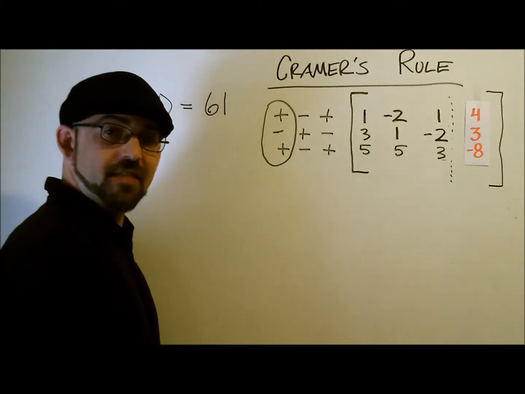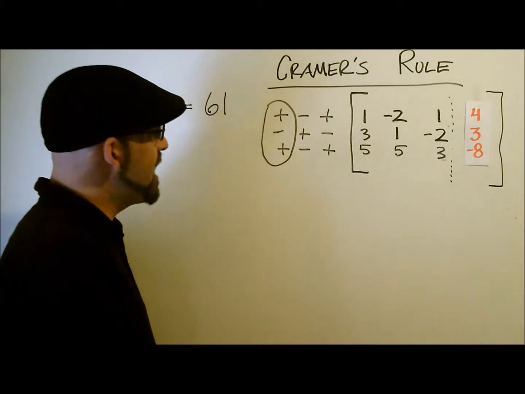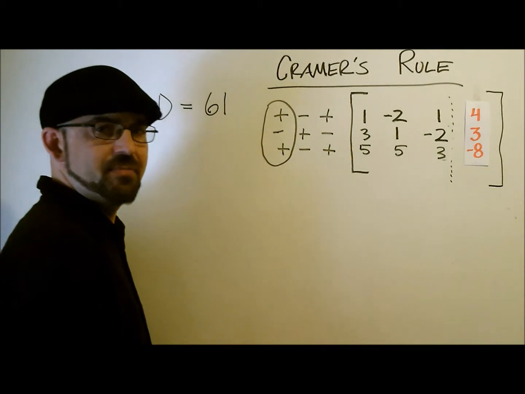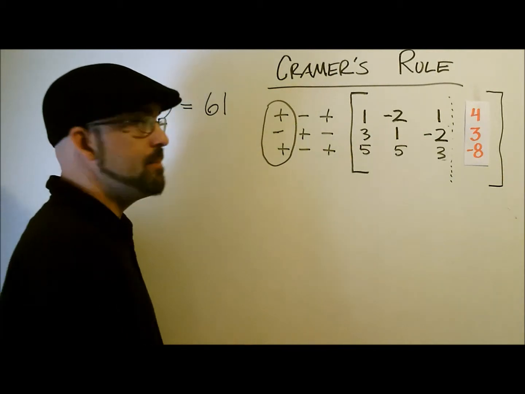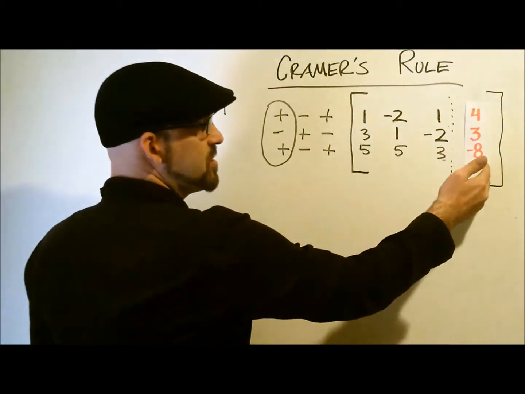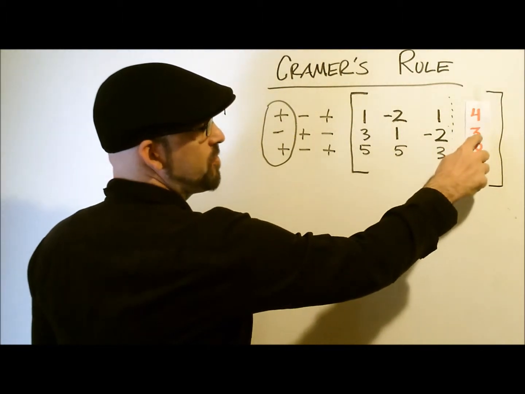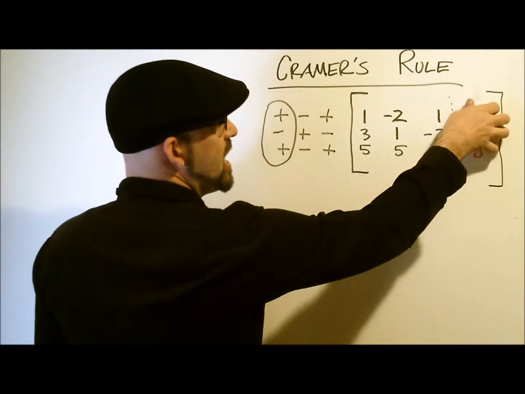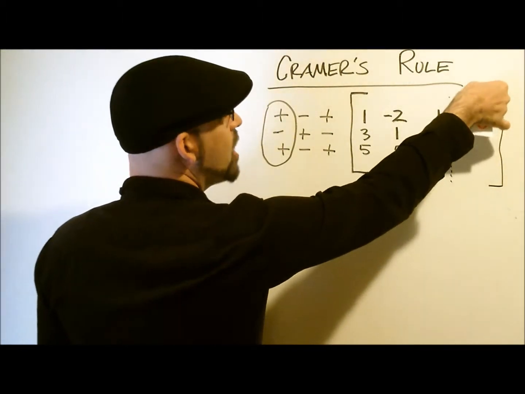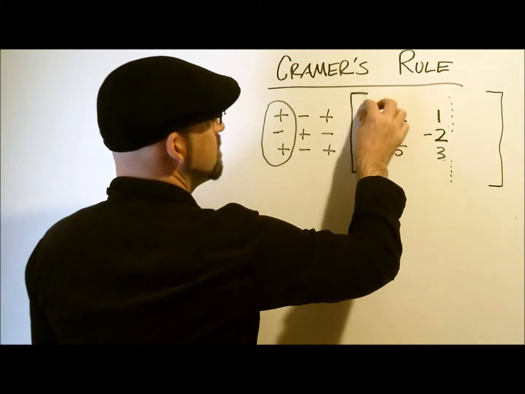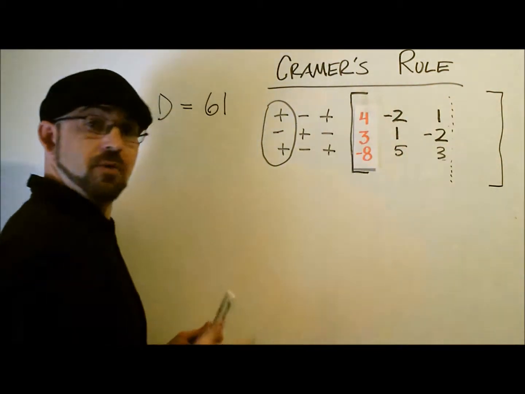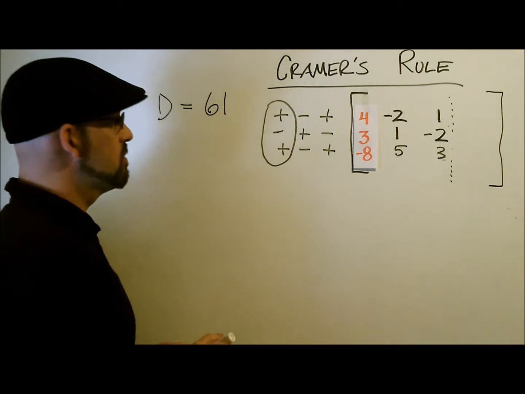Now, to find the determinant of x, we basically do the same thing. Except this time, we're going to take all the answers that we had, the 4, the 3, and the -8, and put it over our x column. And we do the same thing that we did before.